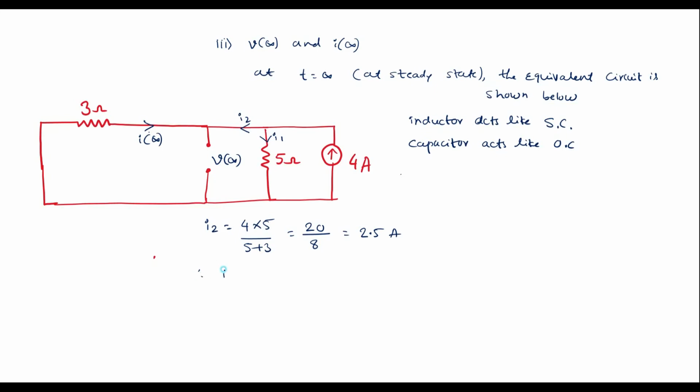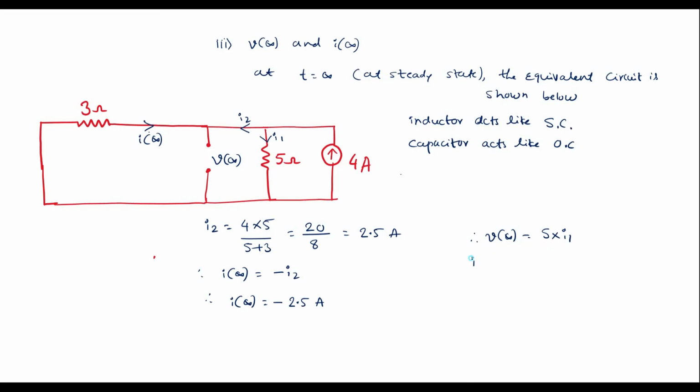So therefore we can say I of infinity is equal to minus of I2, that is minus 2.5 amps. This is the current at steady state, or at t equal to infinity. So V of infinity is equal to 5 into I1, that is voltage across 5 ohm, which is nothing but V of infinity.